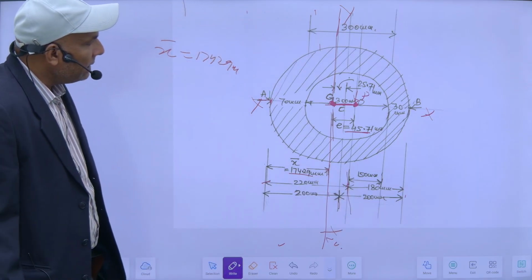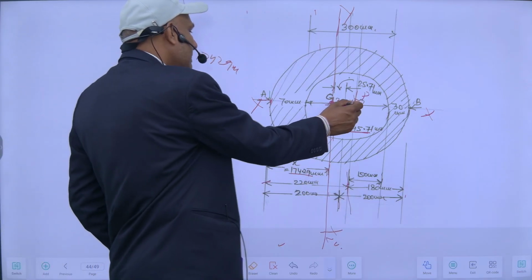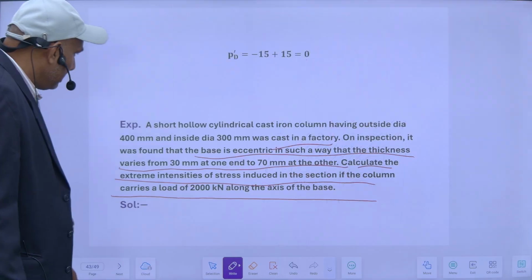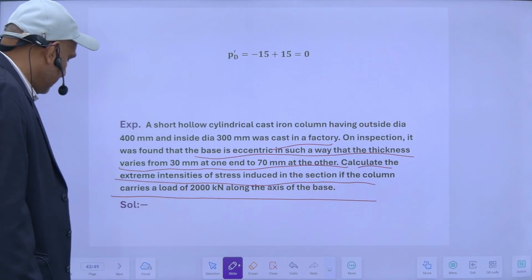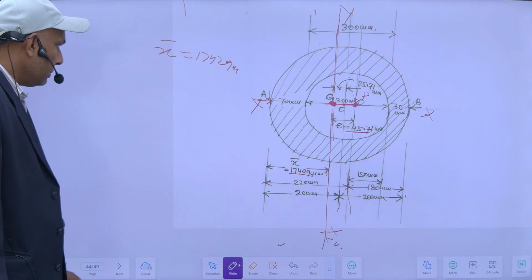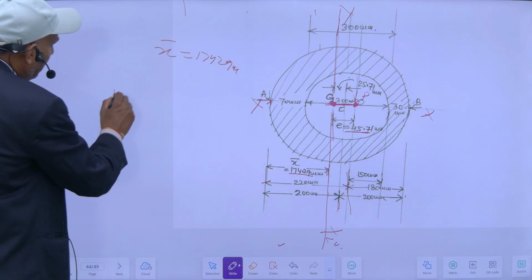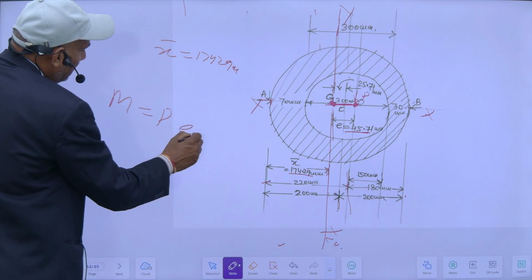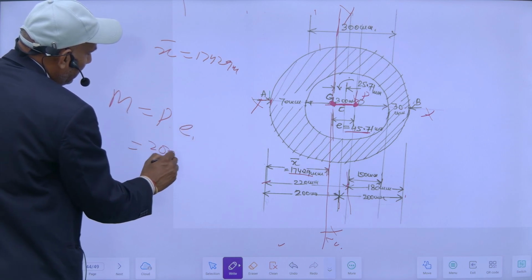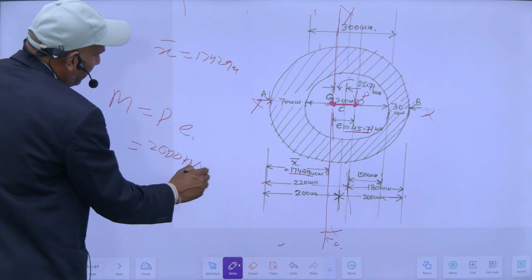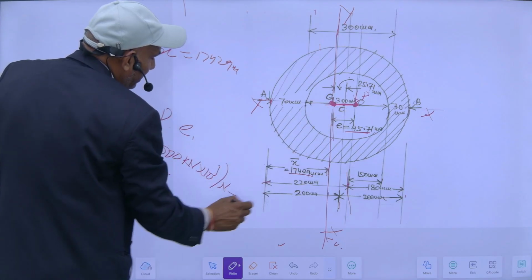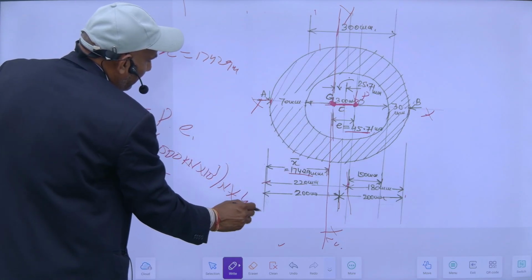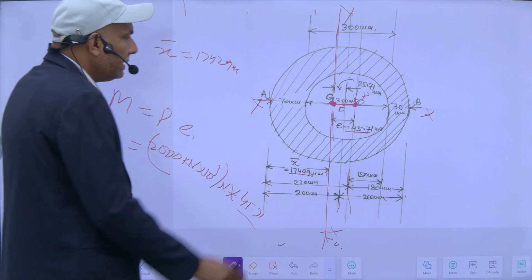So moment is equal to load into eccentricity. So my load is 2000 kilonewton. So my moment will be P into E. So 2000 kilonewton raised to the power 3, it will be Newton into this eccentricity 45.71. So this will create a moment.